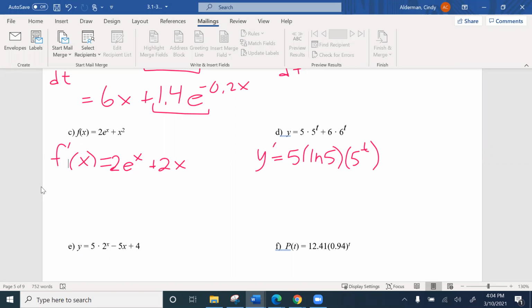That's just using the formula straight up. Plus 6 is a constant multiple, and we're going to use the exponential rule. So we're going to take the natural log of the base 6 and multiply it by 6 to the t power.